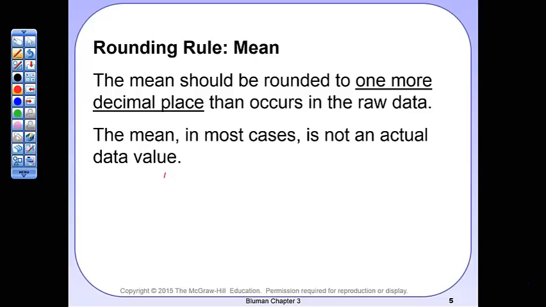So if our data is 54, 72, and 81, then our mean will have one decimal place, because it will be one more than what our numbers were.